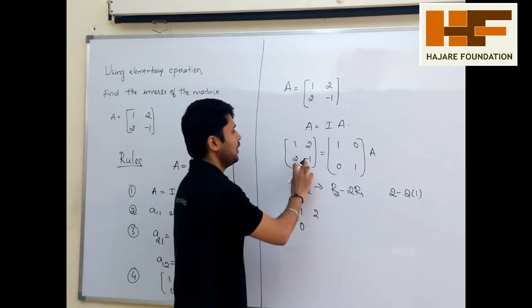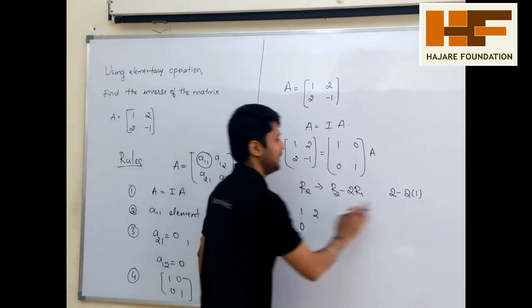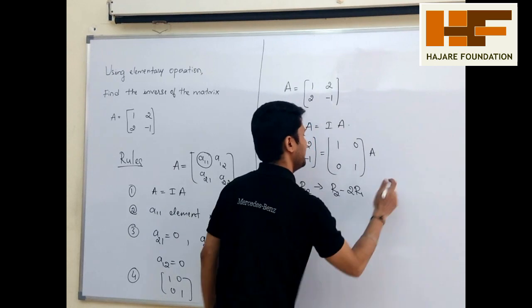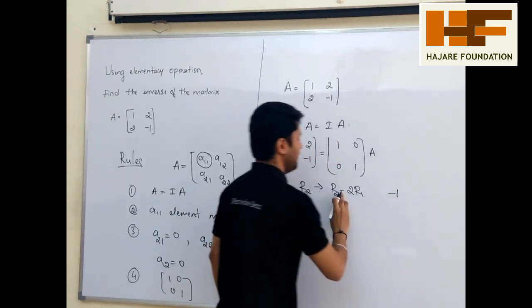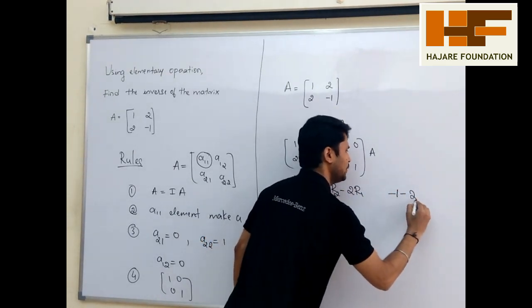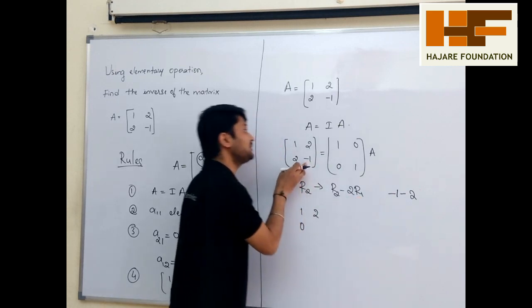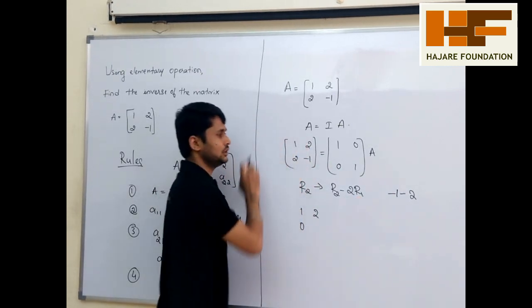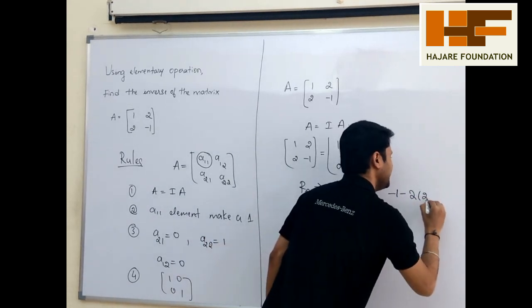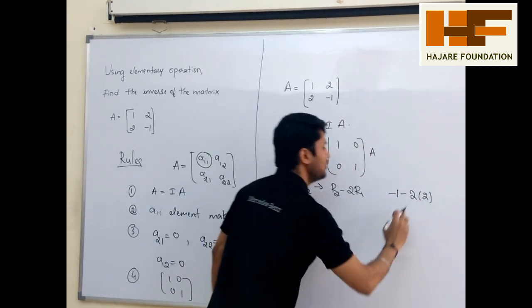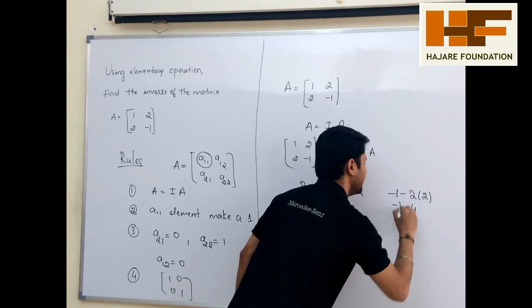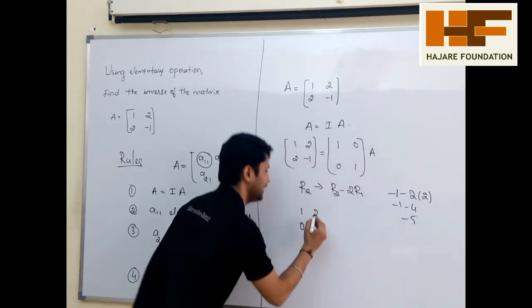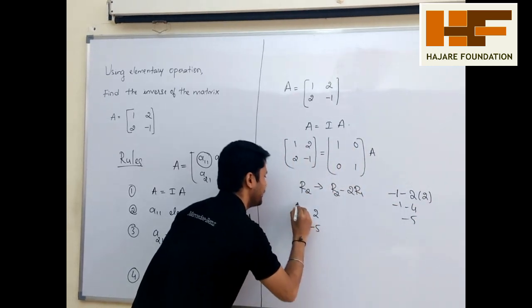Next, the R2 element is minus 1 minus 2 times the corresponding R1 element, which is 2. Simplify: 2 into 2 is 4, minus 4, minus 1, gives minus 5. Here, minus 5.